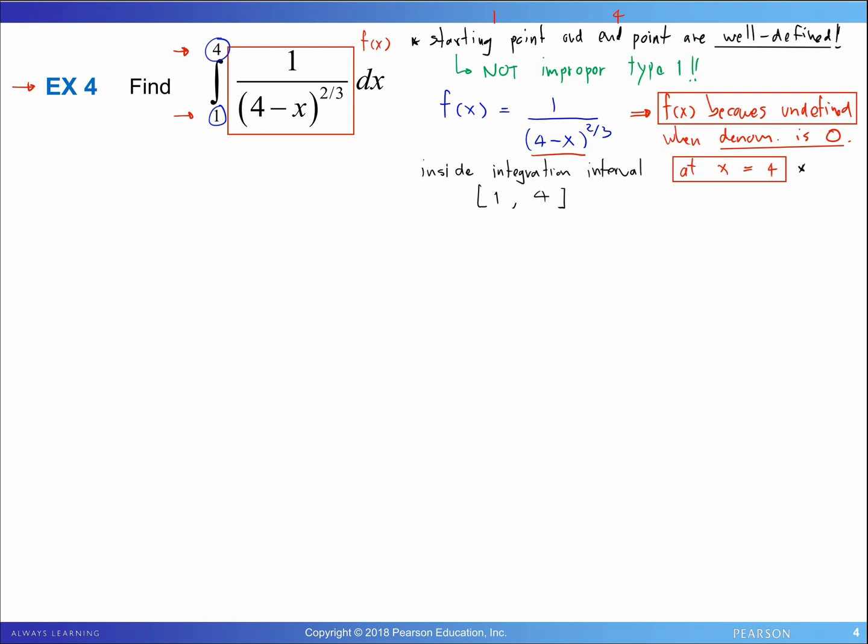And the problem is right here at the end point. f of x is undefined. Now that we know that this function becomes undefined at some point inside the integration interval, we know right away that this is improper type 2.